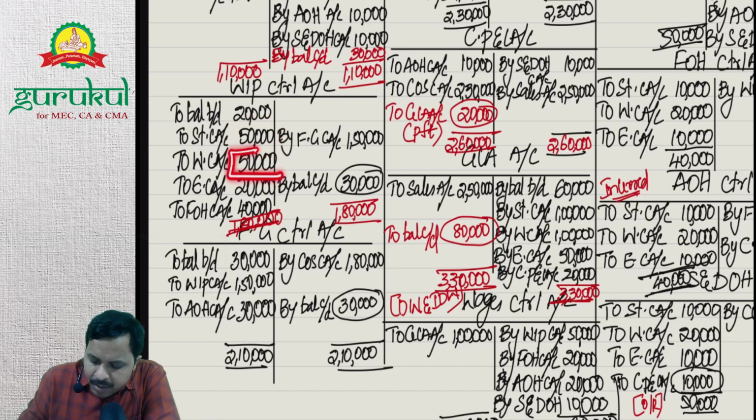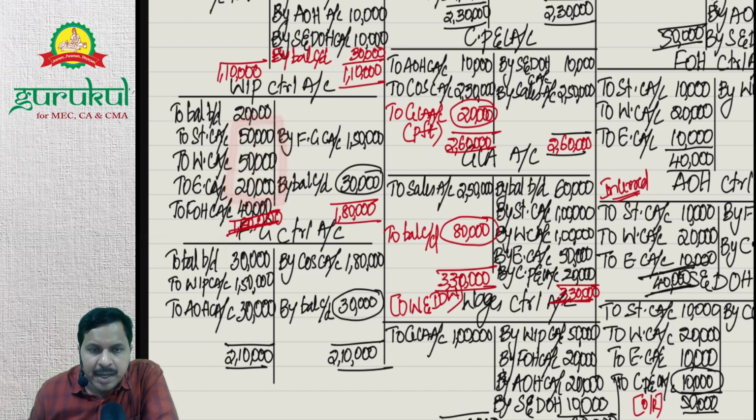Next, this 50,000 is direct wages. What is this 20,000? So direct material plus direct labor plus direct expenses, we call it prime cost. To prime cost, we should add factory overheads. How much are our factory overheads? 40,000. We have added them, and we call it gross works cost.